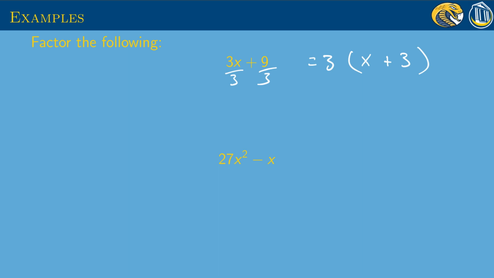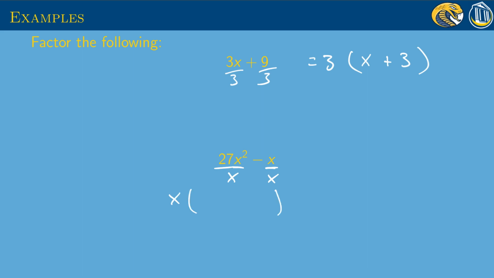Let's try this next one. 27x squared minus x. Well, we don't have any numbers we can pull out this time, but we'll notice that we do have an x in each of these terms. We could divide each of these terms by x, and that would leave us a factored form x times, well, what's left over?